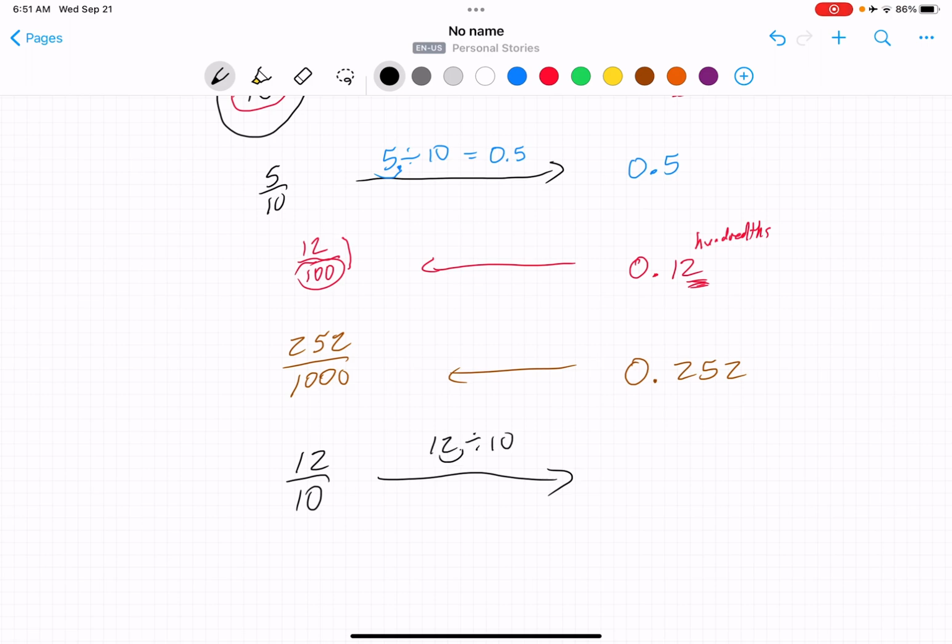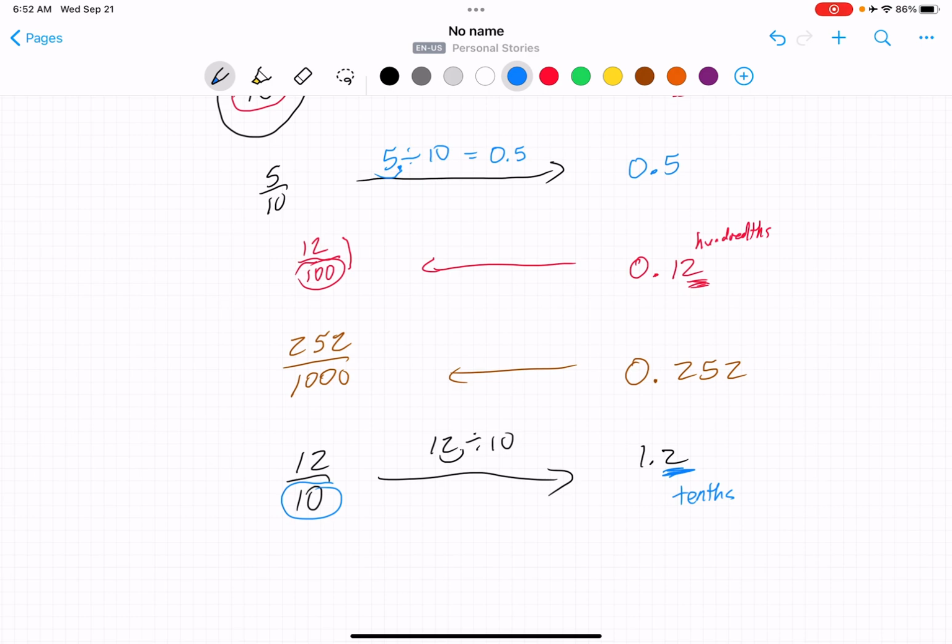We can move that decimal over, and when we do that, we get 1 and 2/10. This should make sense because in the denominator we have a 10, and notice that the 2 is in the tenths position. So yes, 12 divided by 10, or 12/10, is in fact 1 and 2/10.